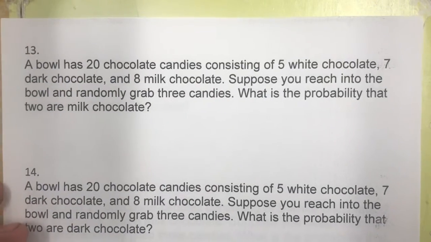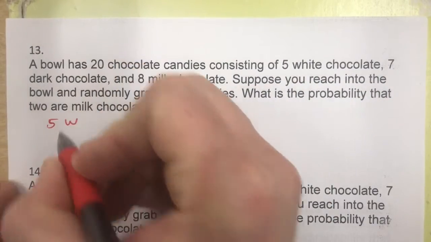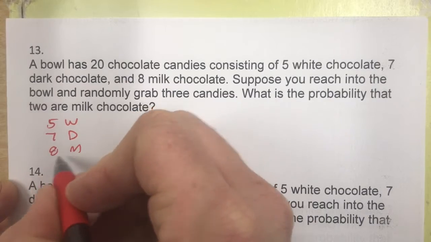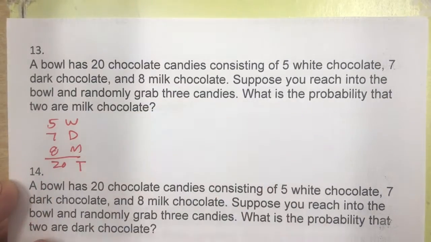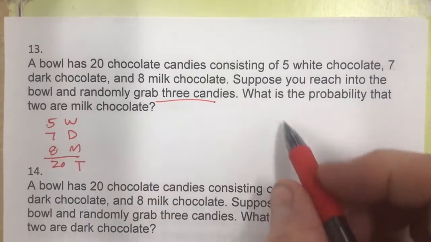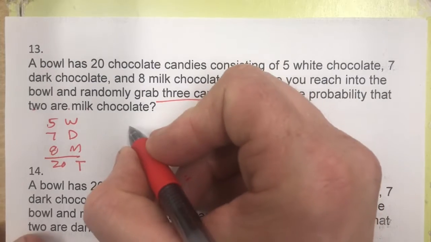13. Same thing. There's 5 white chocolates, there's 7 dark chocolates, there's 8 milk chocolates, and there's 20 total. We're selecting 3 candies. What's the probability that 2 are milk chocolate? This is kind of like the last problem.